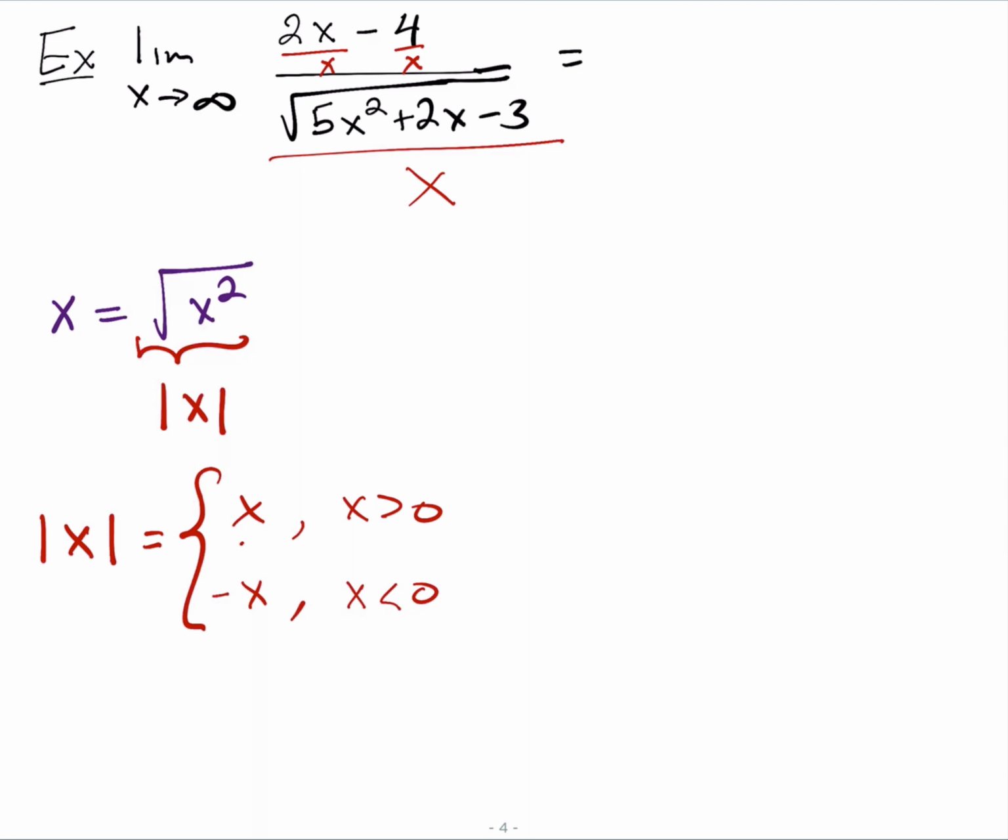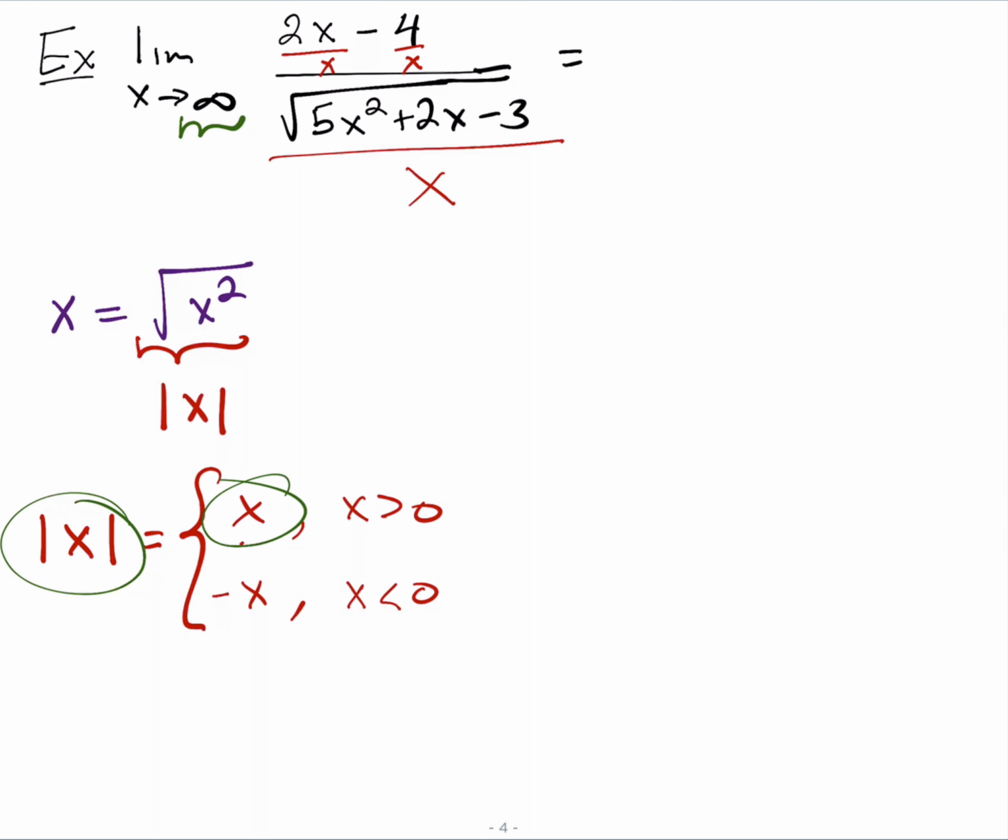So that's just a long-winded explanation to say that you have to be a little bit careful. In this case, x is going to positive infinity, which means x is going to be positive, right? So in that case, it is okay to swap out absolute value of x with x. Why? Because x is positive.